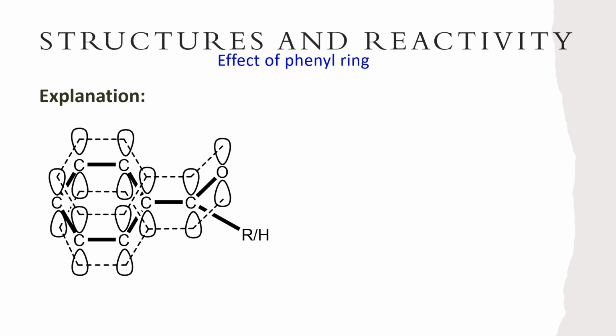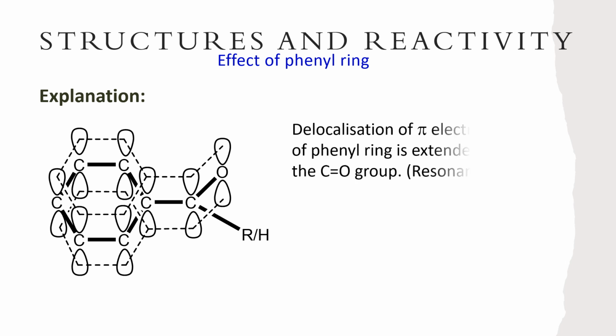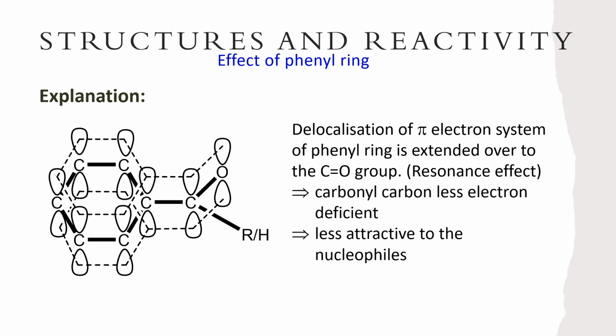For phenyl rings that are directly bonded to the carbonyl carbon, the delocalization of the pi electron system of the benzene ring will be extended over to the C=O group. Due to this resonance effect, the carbonyl carbon is now less electron deficient and therefore less attractive to the nucleophiles.